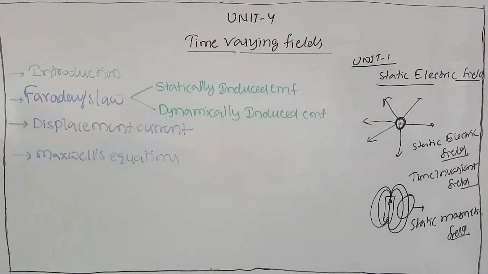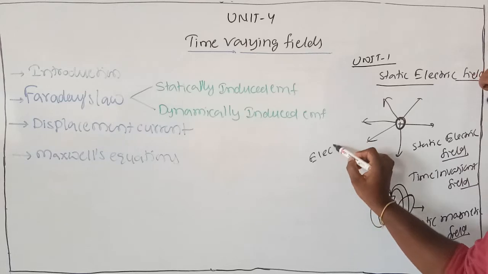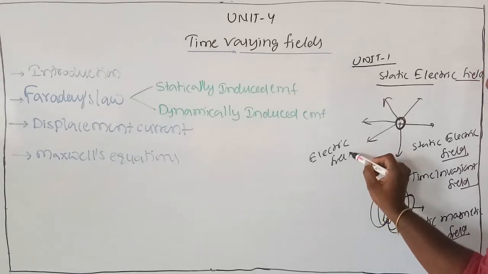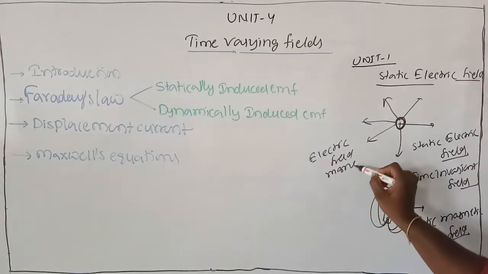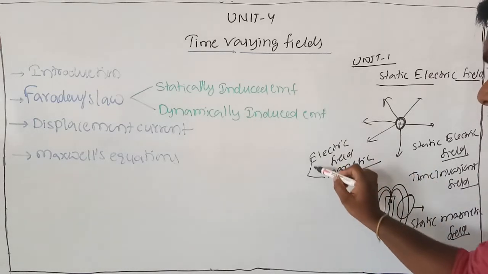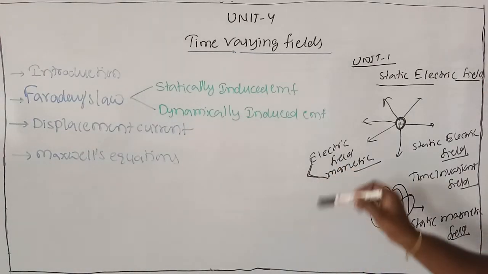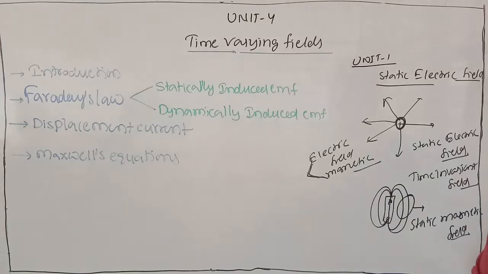So in electrostatics and magnetostatics we have two types of fields, the electric field and the magnetic field. These two fields do not depend upon each other in time invariant fields, whereas in time varying fields, electric and magnetic fields are dependent on each other.